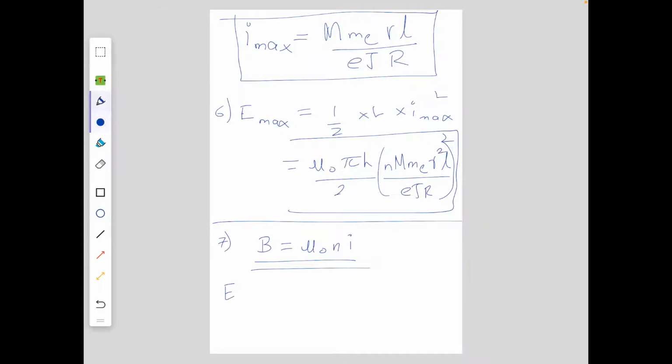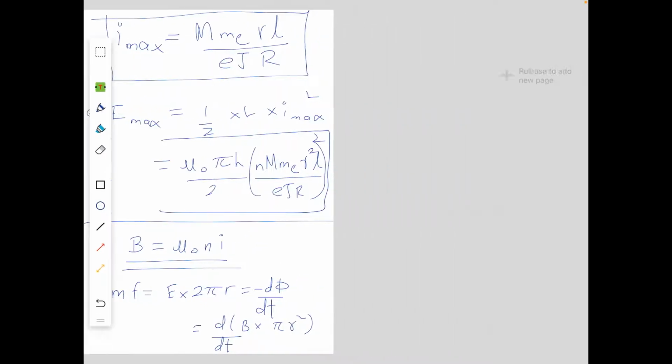We first consider a loop of radius r, and the EMF generated in that loop will be E, the electric field at the position of the loop, times 2 pi r, which equals minus d phi by dt. Again, we are only concerned about the magnitudes, so I will ignore the signs. That equals d by dt of B times pi r square.